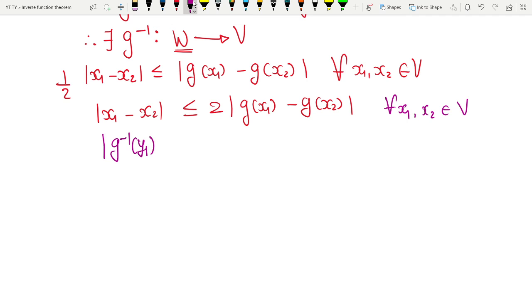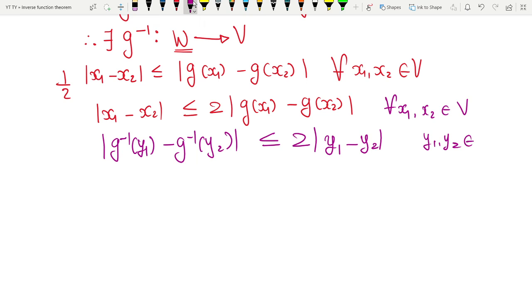So the norm of G inverse of y1 minus G inverse of y2 is less than or equal to 2 times the norm of y1 minus y2. And these y1 and y2 are points inside W such that g(x1) is the same as y1 and g(x2) is the same as y2.